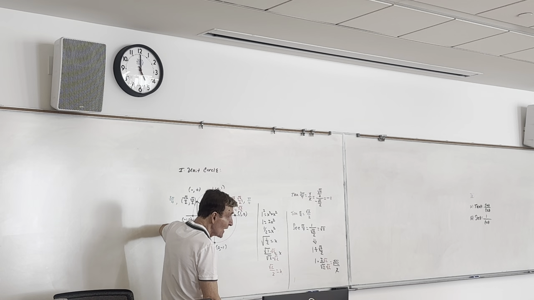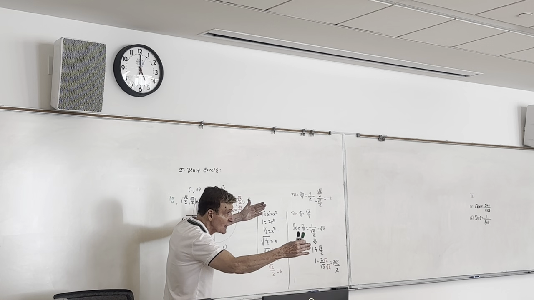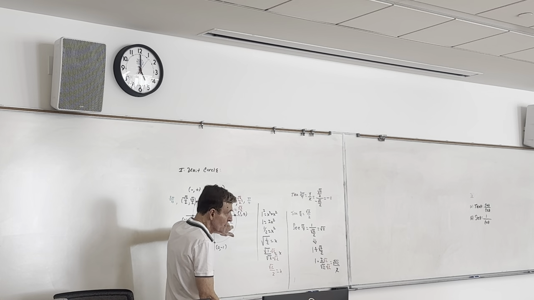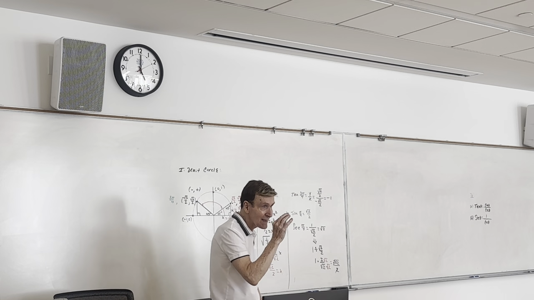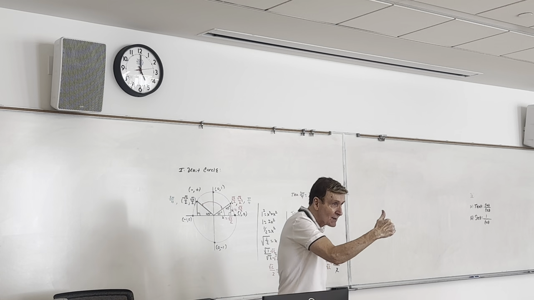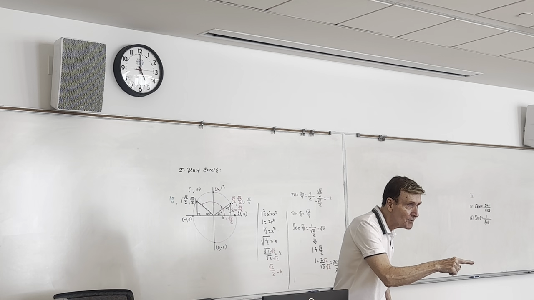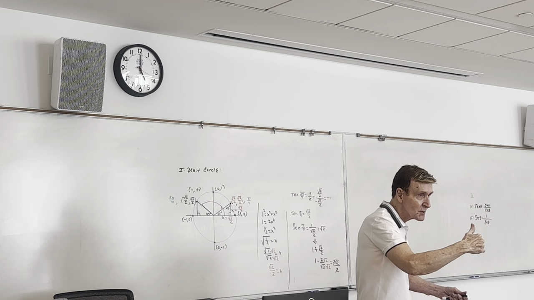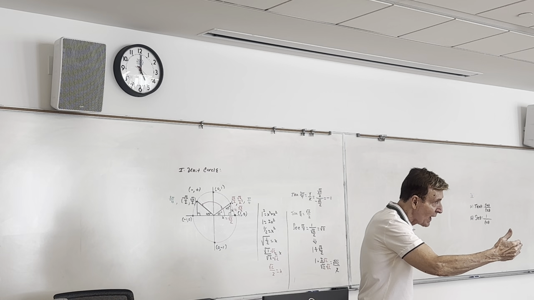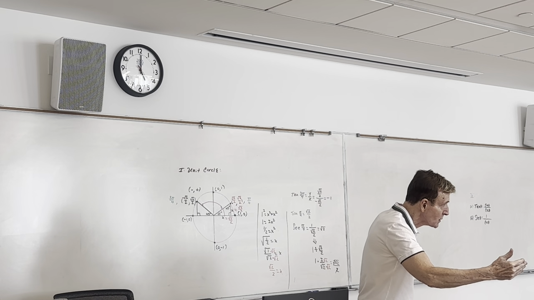With that 45-degree reference angle, move down into quadrant 3, what size angle is it by the time it gets down there? 225. 180 plus 45, 225. Or in radians, 5 pi over 4.